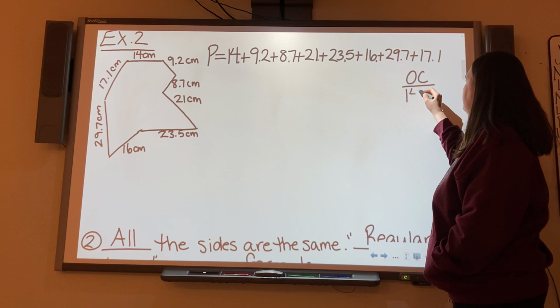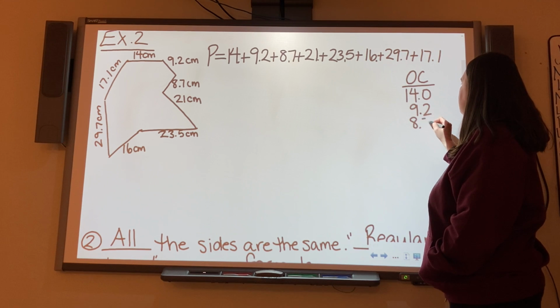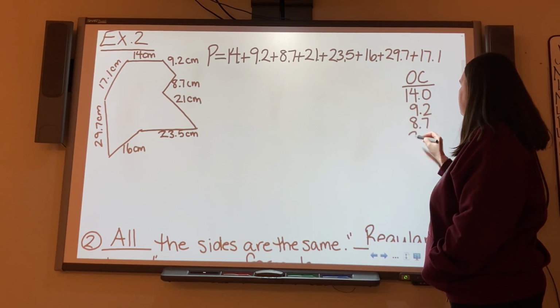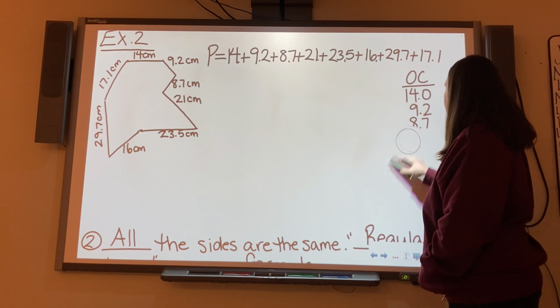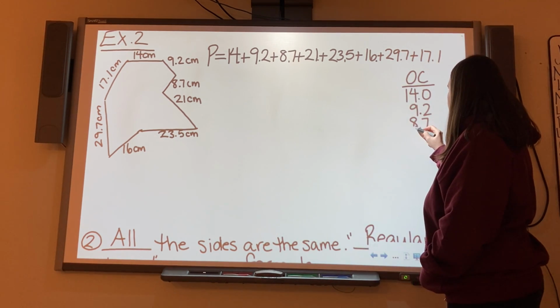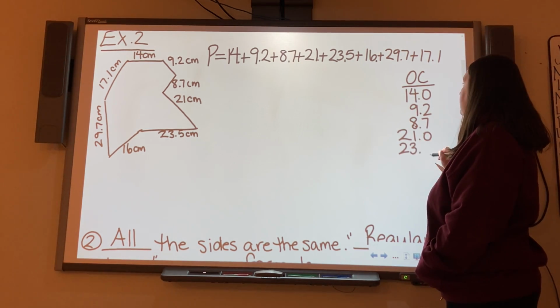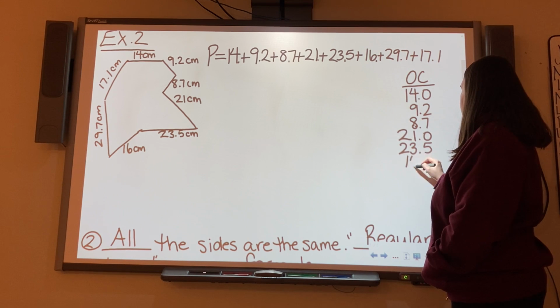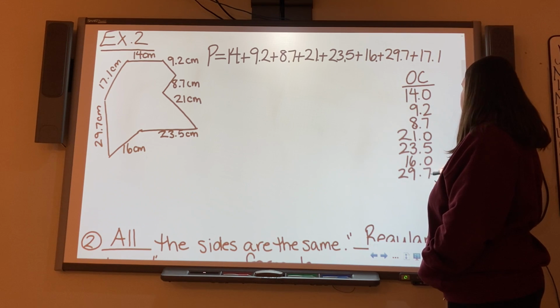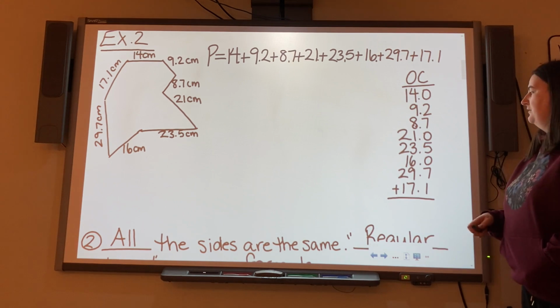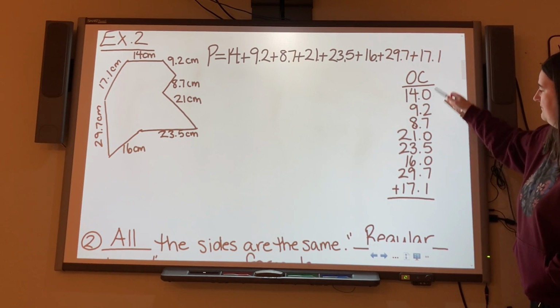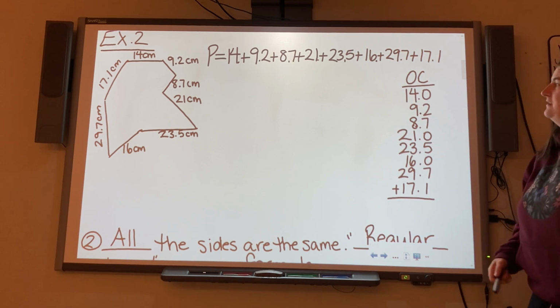So, 14.0, 9.2, 8.7, 21.0, 23.5, 16.0, 29.7, 17.1. Okay, there you go. So I've got all my decimals lined up, which means I have all the tenths, the ones, and the tens. They're all lined up and ready to go.